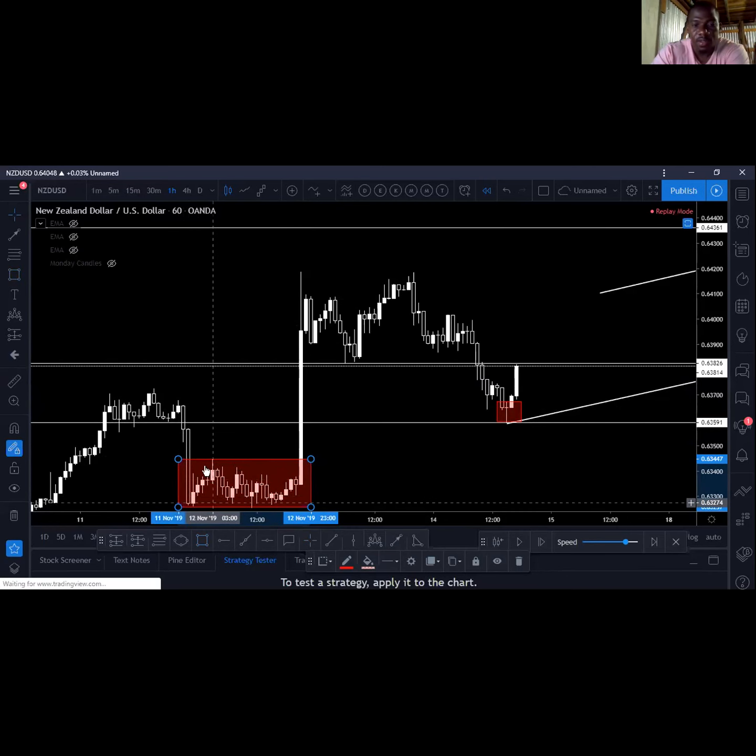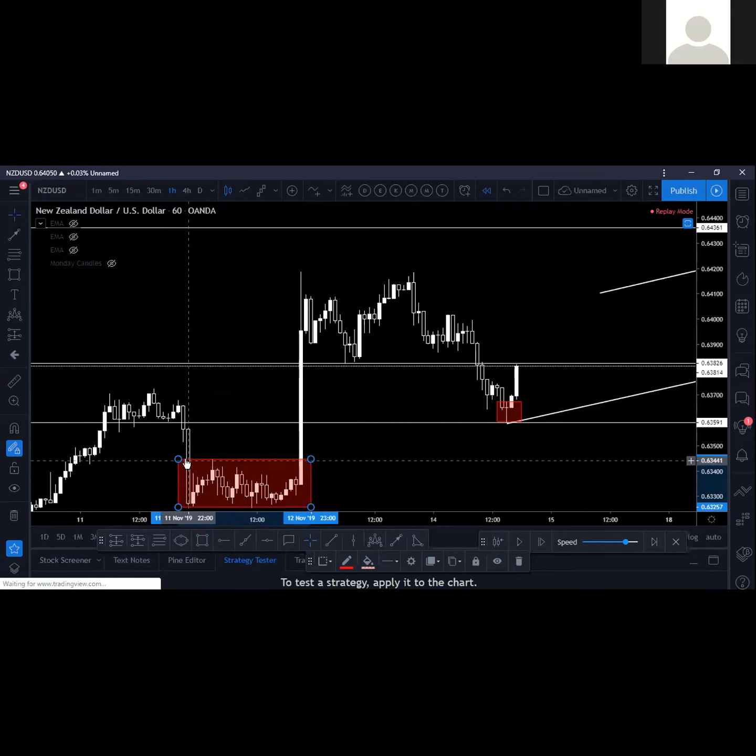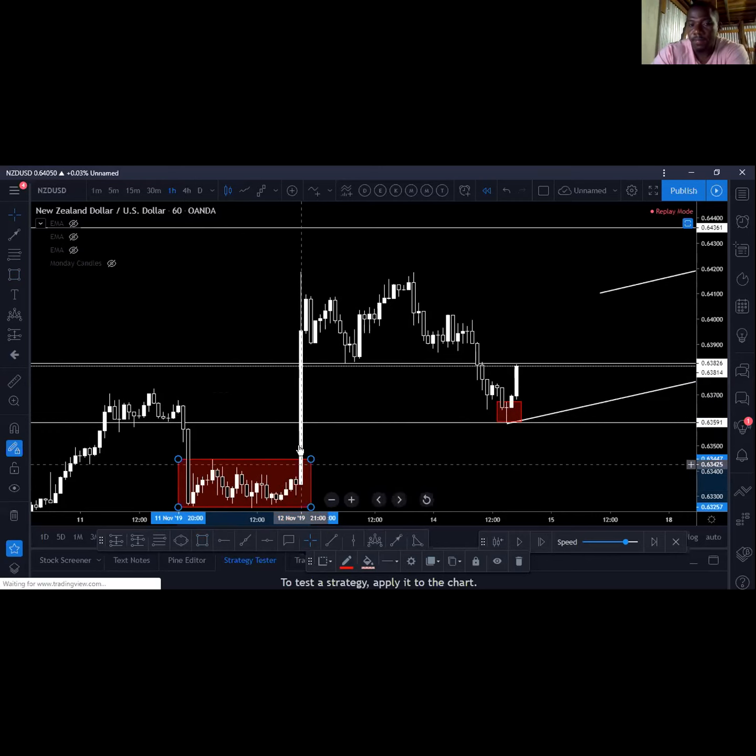So this zone, I would say, is a strong zone because we need a lot of momentum or big candles to get in and out of it. I would say this is a strong price reversal zone because only big candles come in and out of that zone, if you understand what I'm saying.